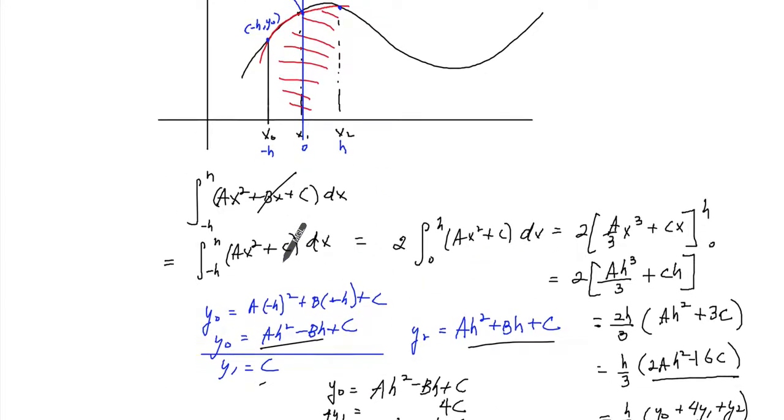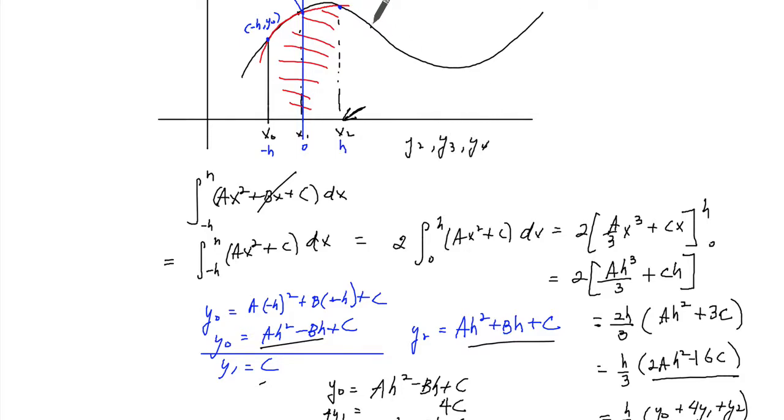For the next one, we started at x0 to x2, and the next one will start at x2. So we'll start from y2, and then it'll go to y3 and y4. That's the next parabola.